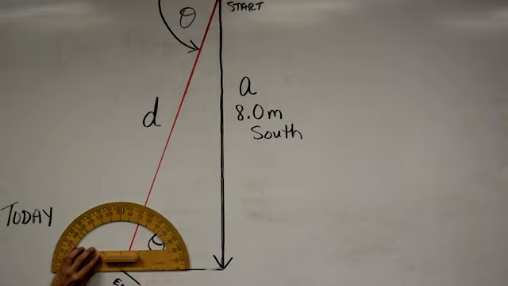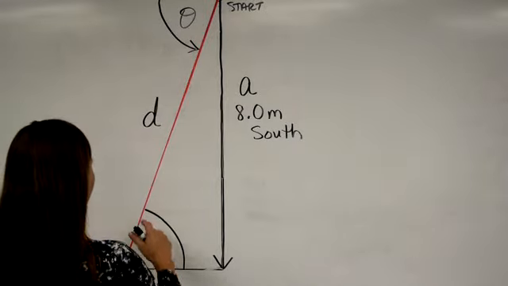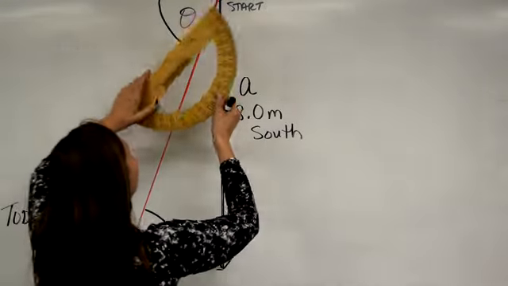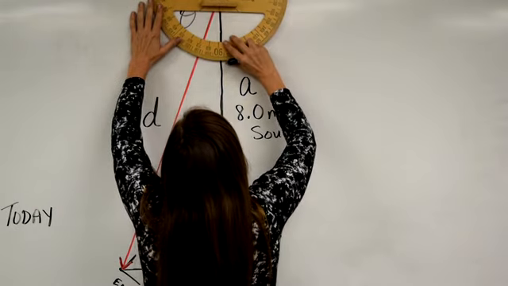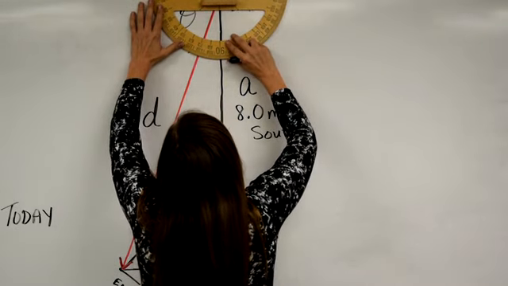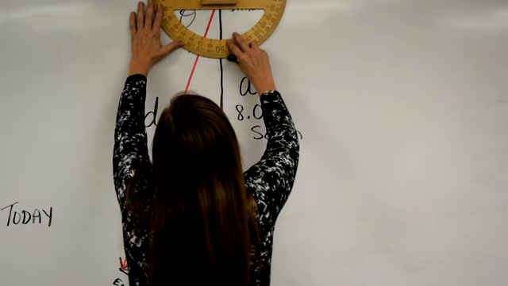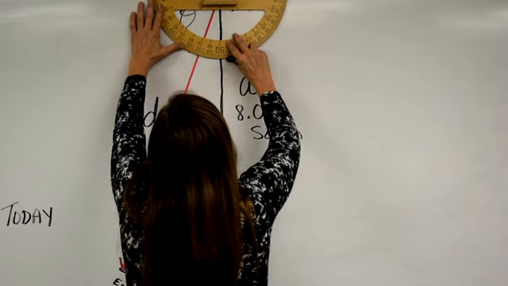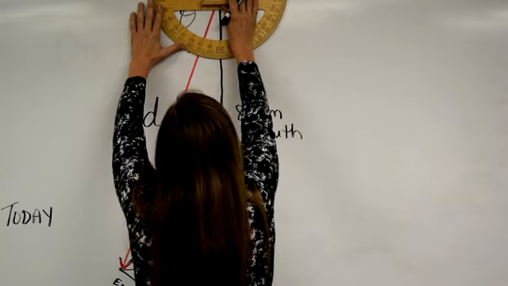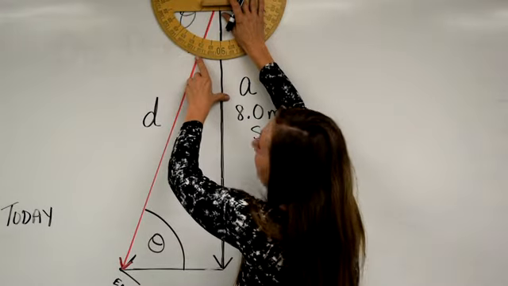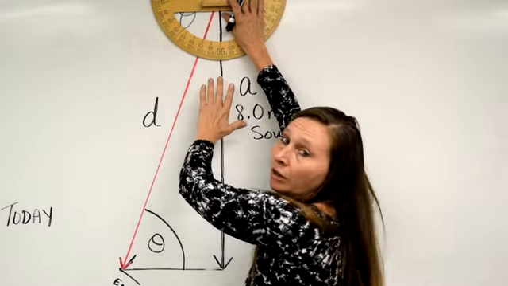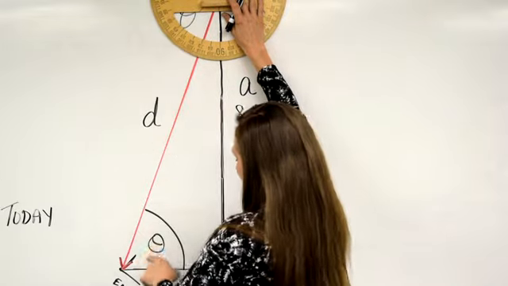I'm getting approximately 10, 20, 30, 40, 50, 69 degrees. I'll measure this one up here, but I need it to be straight. Okay, so I'm getting about 70 degrees here. So something like 69 or 70 degrees is about right for this angle here.